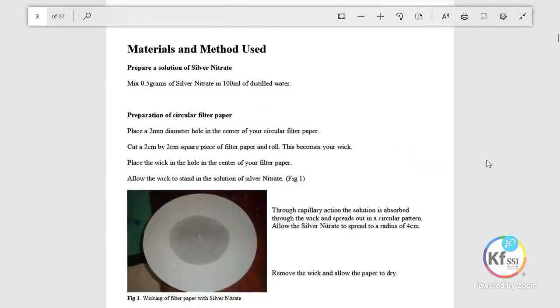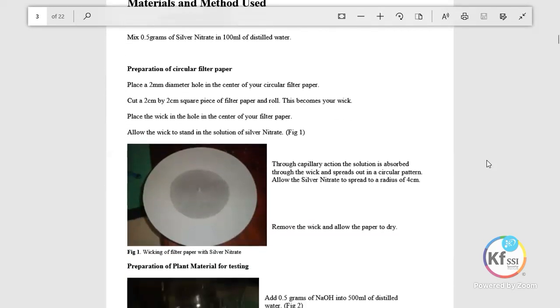The way we prepared was we needed 0.5 grams of silver nitrate mixed in 100 mils of distilled water. With that solution, we used a circular filter paper, and we cut a little square of it and rolled it up, so that became a little wick.